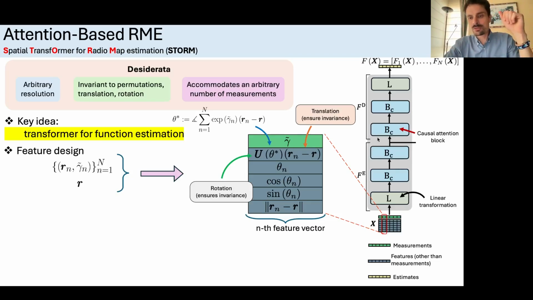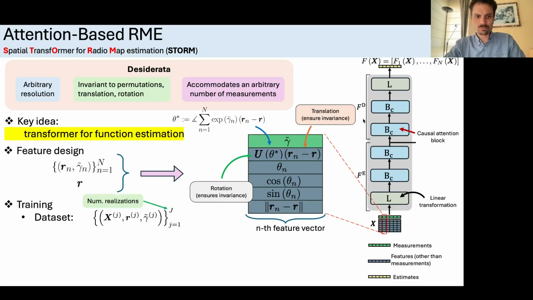So by using a causal attention block, remember the mth output here will be a function of only the first m columns, and that means that we can train this entry to be the estimate of the map at the evaluation point given the first m measurements, right?